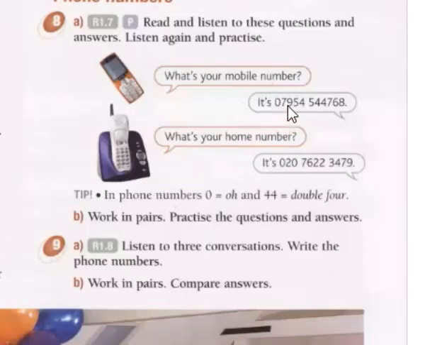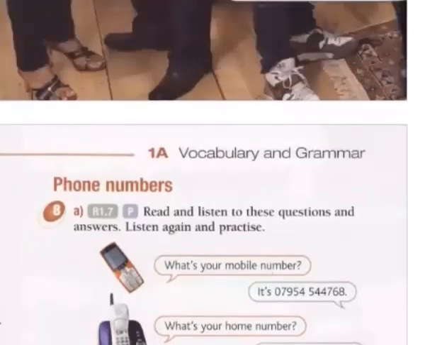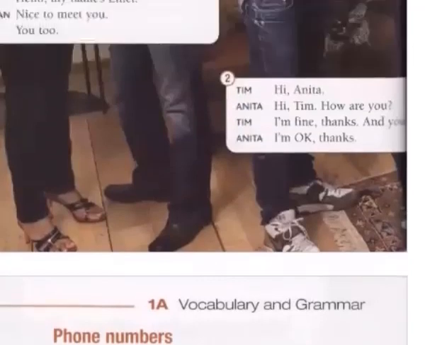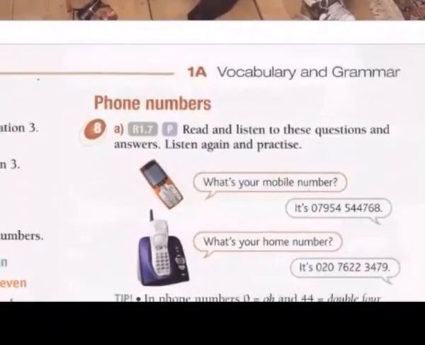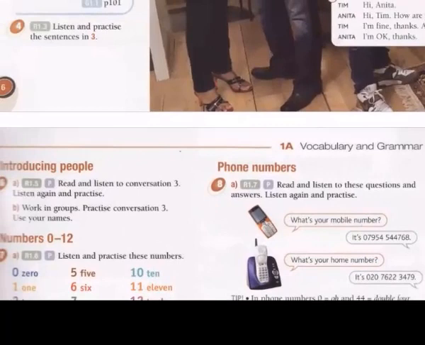What if a number is repeated? Instead of saying 44, you can use double 4. Okay, so I think you now know how to ask about mobile numbers. What's your mobile number? What's your home number? And then if someone asks you the question, you simply say the numbers of your phone number individually.